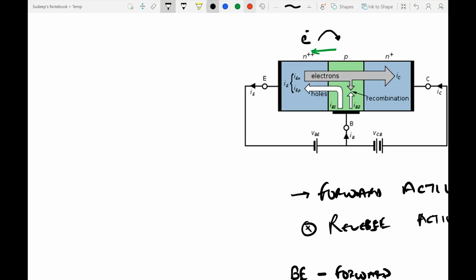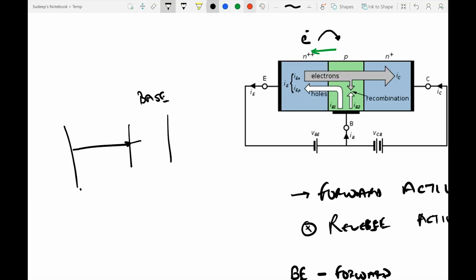Now, we said that the base is very thin as compared to the emitter, so a lot of electrons would move in from the emitter to the base, and only a fraction of them would actually recombine with the holes in the base.